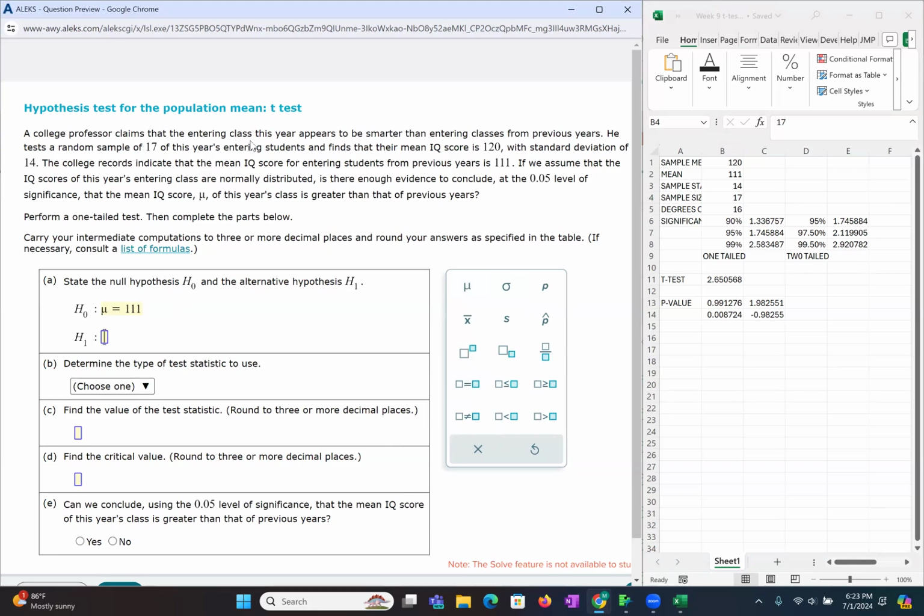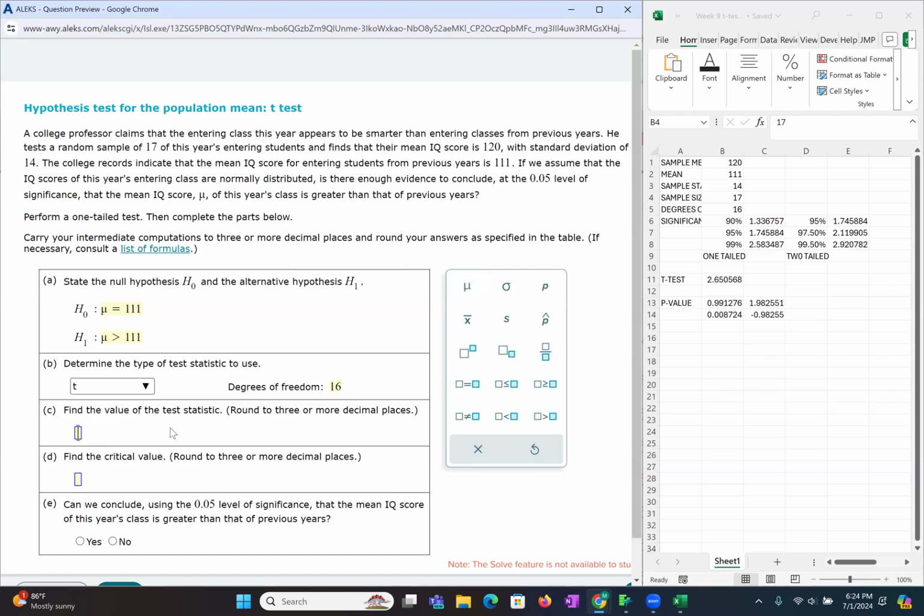What's the alternative? Greater. Mu is greater than 111. The mean is greater than 111. Okay, so obviously this is a t-test with degrees of freedom equal to 16.